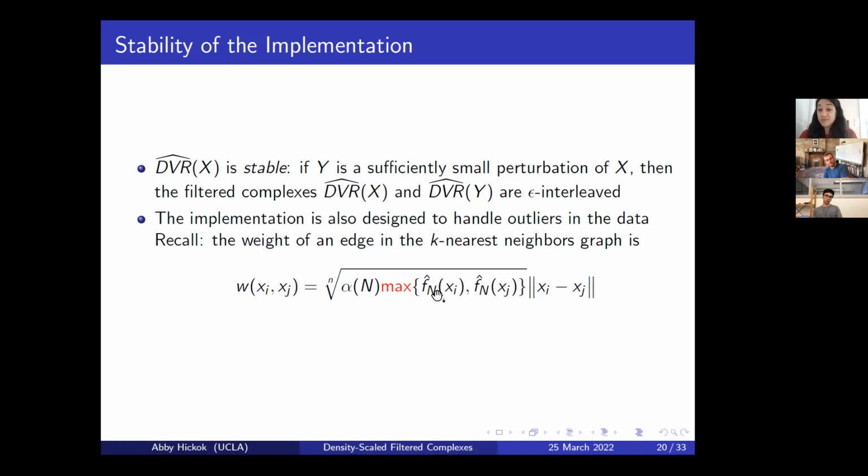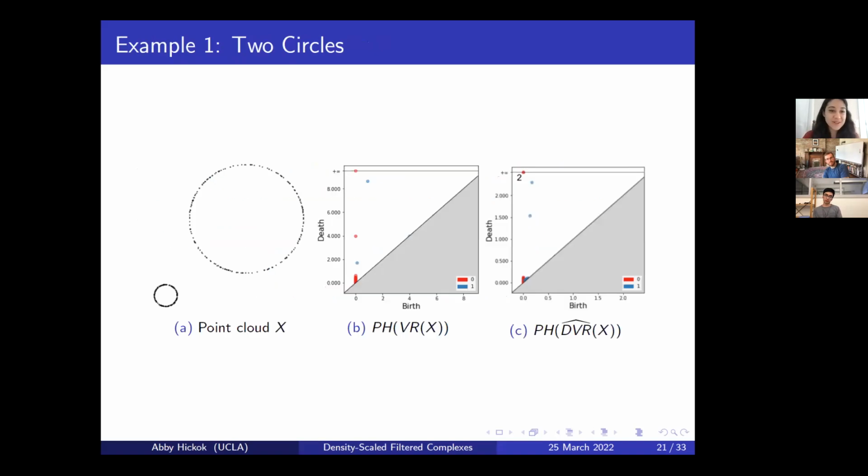So if I do have an outlier somewhere, its ability to connect to points actually in the manifold is going to be limited by the density on the manifold. And I'll show you one example that has some outliers to show you that things don't go horrendously wrong when that happens. Okay, so now this brings us to some examples.